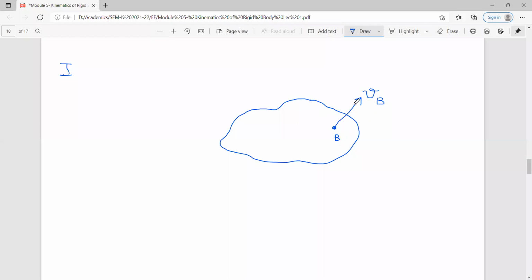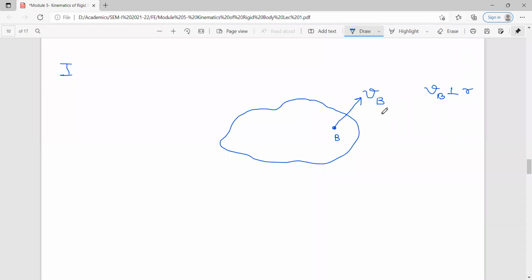If I have given the direction of velocity, how will you find it out? There is a point B on this body, and we know the direction of its velocity. Now we have to find the ICR. How will you find it? Sir, perpendicular. Yes, correct. So we know one concept: the velocity direction is perpendicular to the radius, and the ICR lies along the direction of the radius.